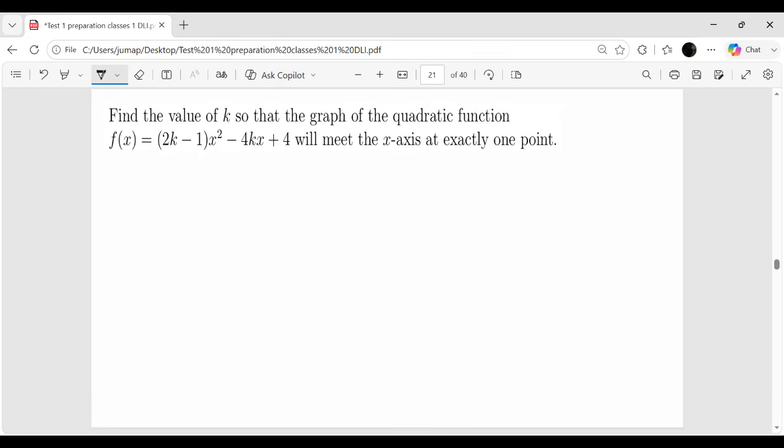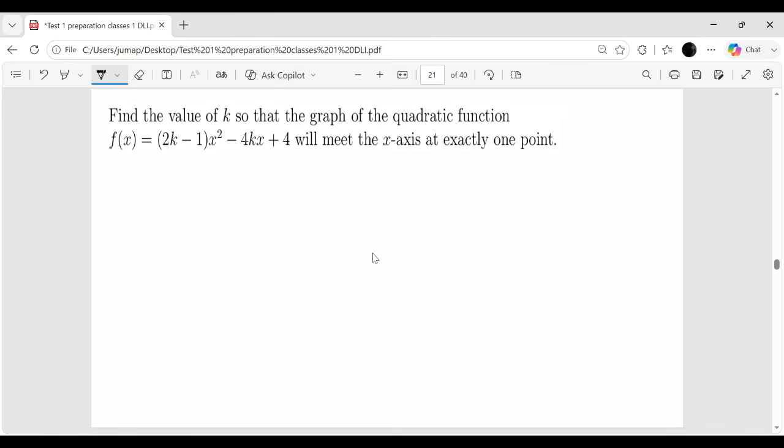So the other question is saying: find the value of k so that the graph of the quadratic function f of x is equal to 2k minus 1 x squared minus 4kx plus 4 will meet the x-axis at exactly 1 point.